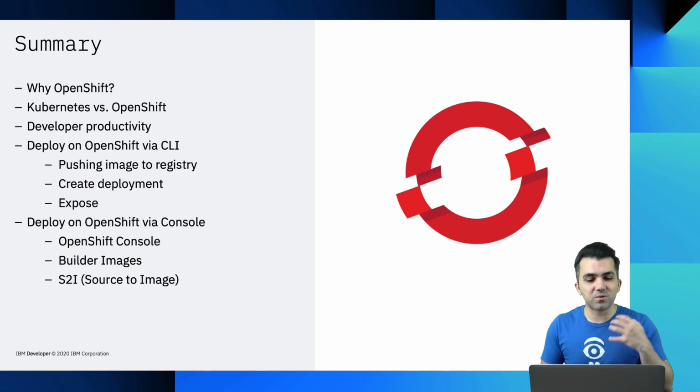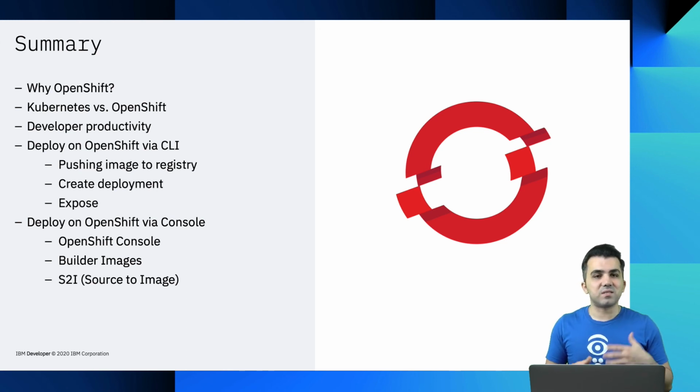Obviously, as a developer, you want to do everything very quickly rather than spending time to learn all those CLI tools. So we've gone through everything, and you've got a fairly good idea of all the basics of OpenShift Web Console and OpenShift CLI. And source to image obviously is one of the most important features of OpenShift, as we saw.